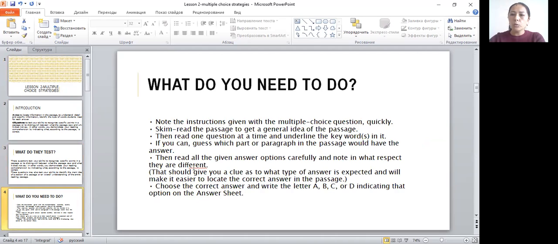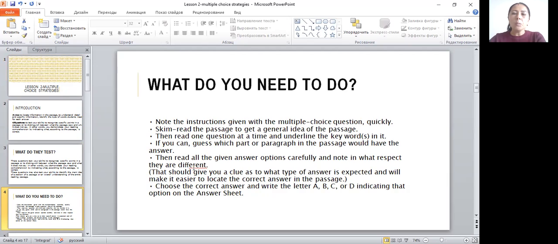What do you need to do? Firstly, you should read the instruction very carefully. What kind of instructions are required of you? And then skimming. Try to use your skimming strategy for gaining the general idea of the passage.